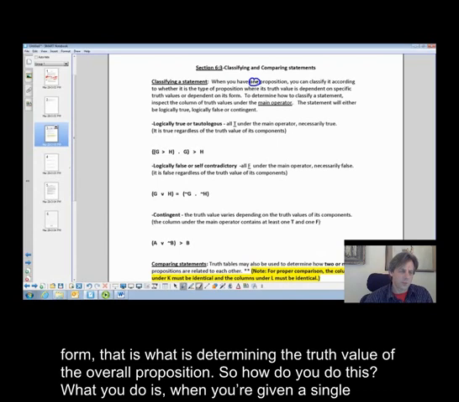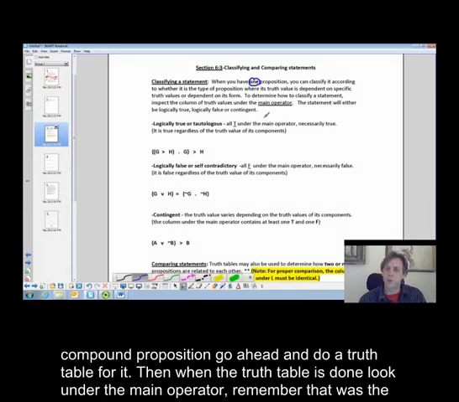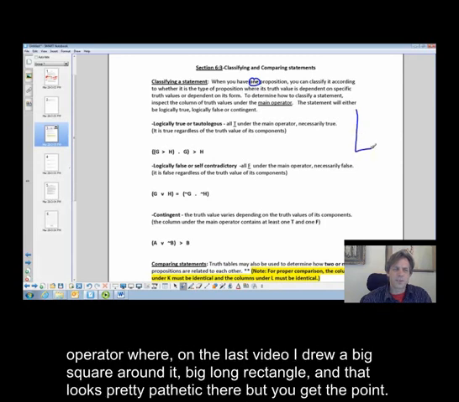So how do you do this? What you do is, when you're given a single compound proposition, go ahead and do a truth table for it. Then when the truth table is done, look under the main operator. Remember, that was the operator where, on the last video, I drew a big square around it, right? Big, long rectangle. And that looks pretty pathetic there, but you get the point.